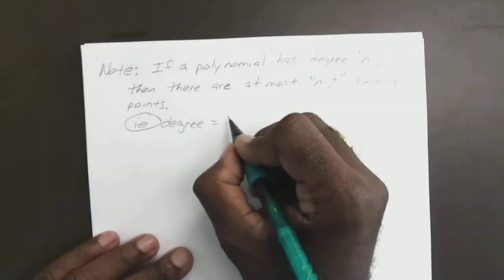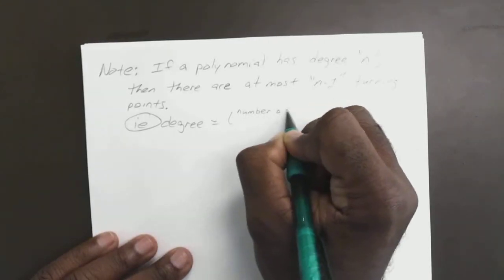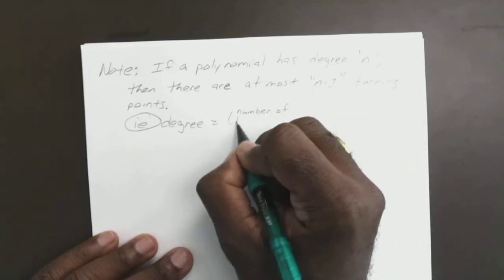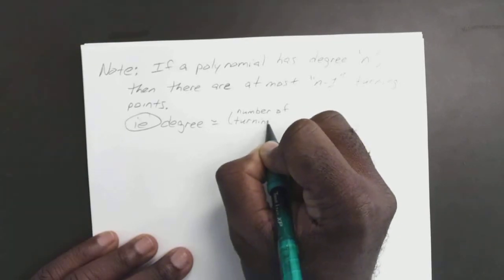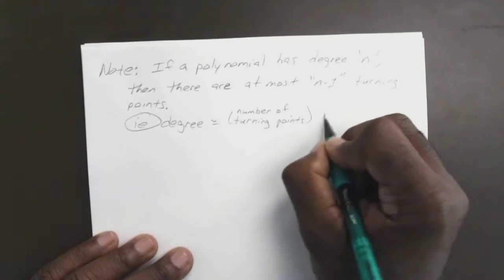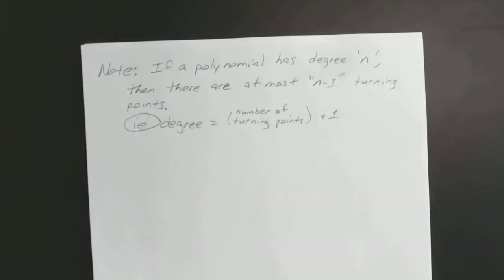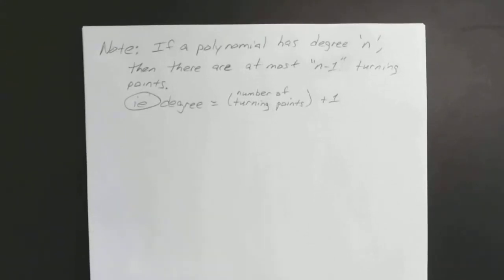Which is just a fancy way of saying that the degree is going to equal the number of turning points plus 1. And we'll go into how you can see the turning points and everything.